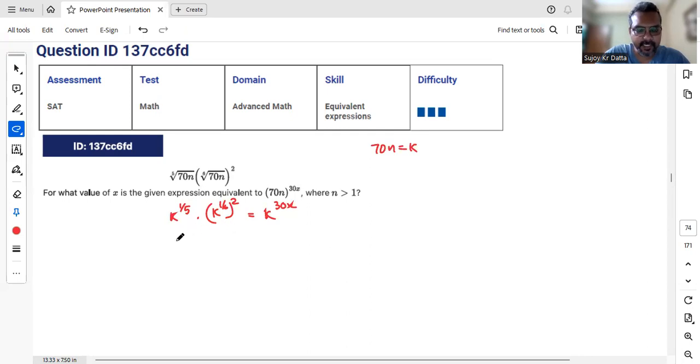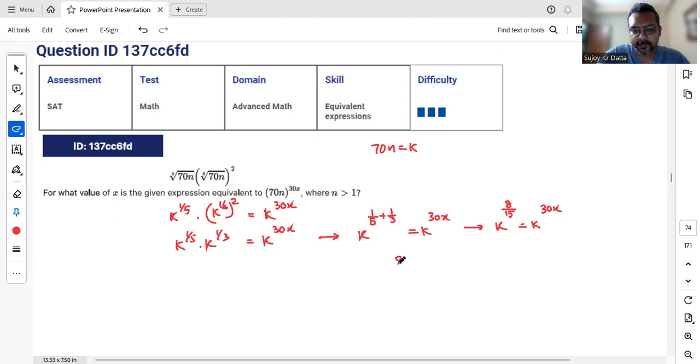Simplifying on the left side, we have k^(1/5) times k^(1/3) is k^(30x). That gives you k, the powers get added. So that becomes 8 over 15.